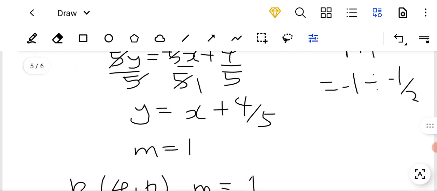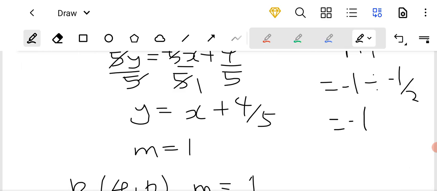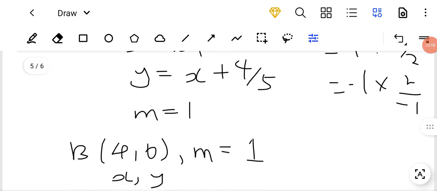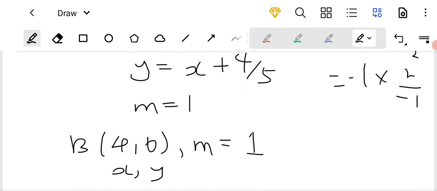To continue, negative 1 times 2 over negative 1, like that. So you are going to have m2 is equal to a positive 2.